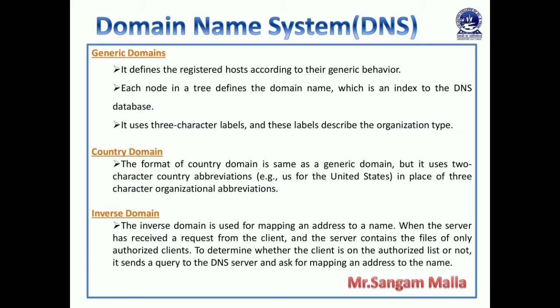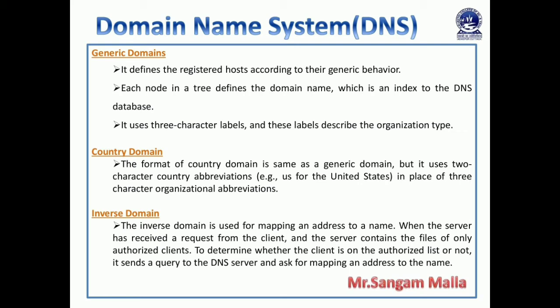So instead of using 3 character organizational abbreviations, it uses 2 characters in order to define the particular country it is dealing with. The last one is our inverse domain. The inverse domain is used for mapping an address to a name. That means whenever we are dealing with any IP address, that IP address must be linked to a DNS or domain name.